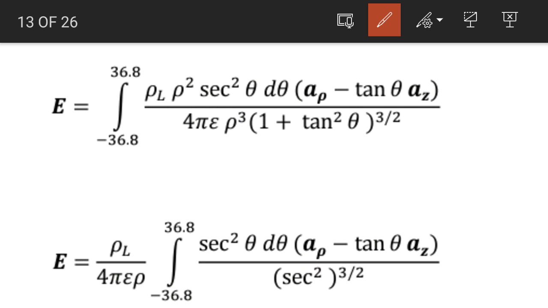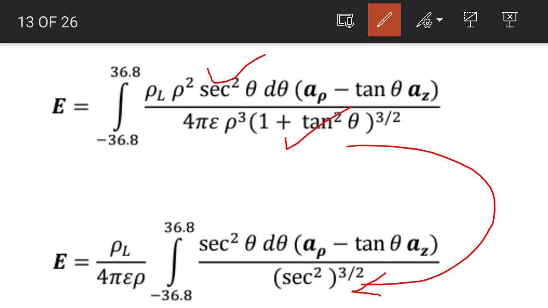On the right hand side we have rho L, rho square secant square theta d theta, and then we have arrow minus tangent theta az, and we have 4 pi epsilon rho cube into 1 plus tangent square theta, and you know that 1 plus tangent square theta is basically equal to secant square theta, right?